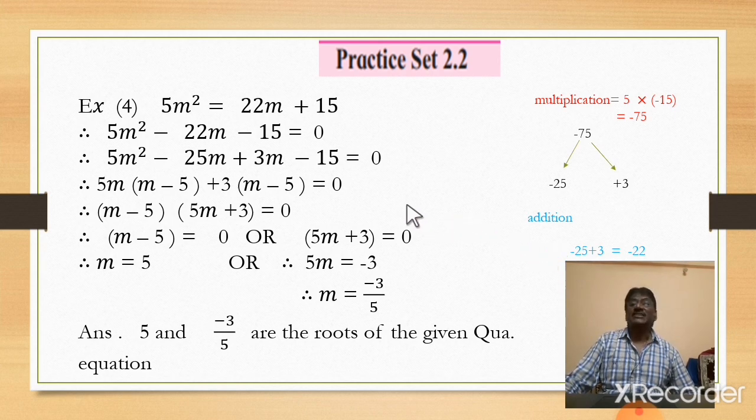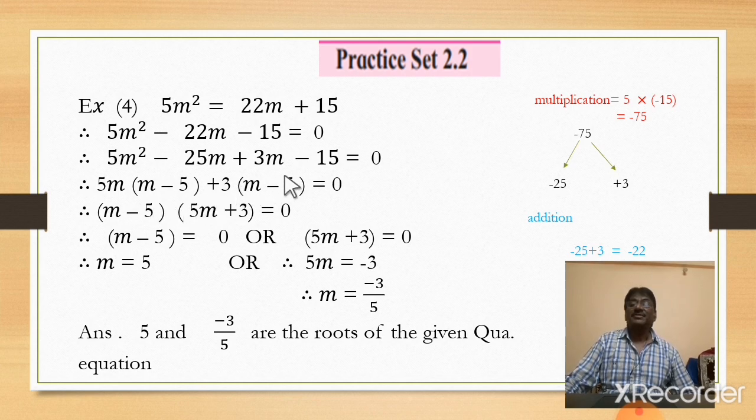Now we factorize minus 22m into minus 25m plus 3m. Then we get 5m square minus 25m plus 3m minus 15 is equal to 0. In the first pair, you can take 5m as common, then we get 5m in bracket m minus 5.